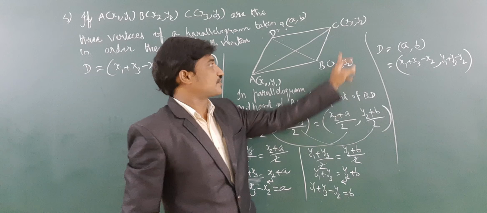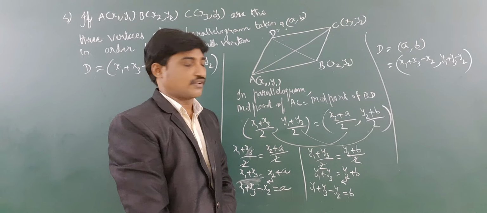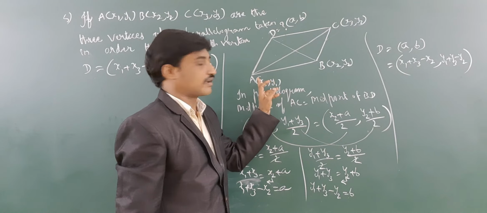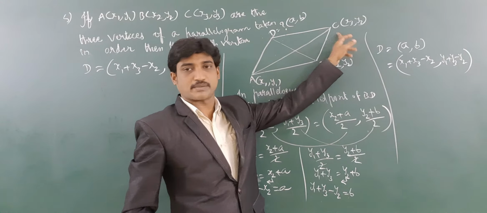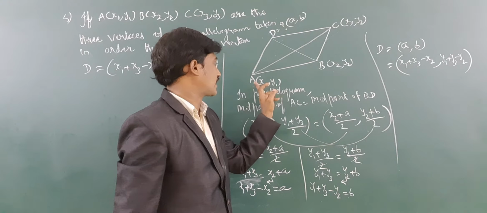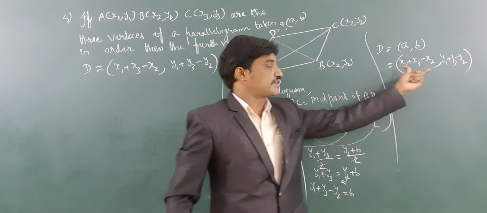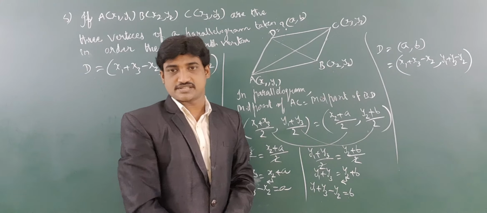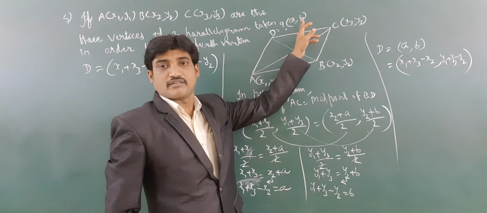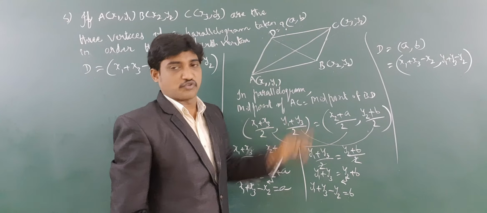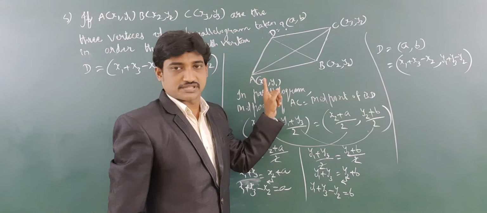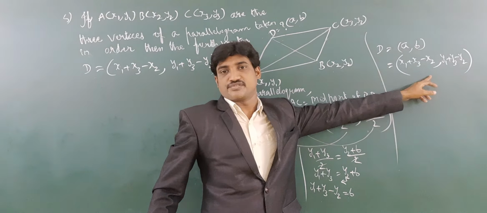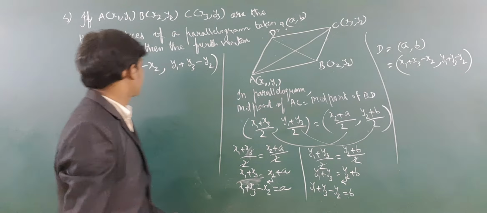Using x coordinates of these three vertices, we can find the x coordinate of D by adding the cross ones, x1 plus x3, and subtracting the remaining one, minus x2. Using y coordinates of these three vertices, we can write the y coordinate of the fourth vertex: add the cross ones, y1 plus y3 minus y2, that gives the second coordinate of the fourth vertex.